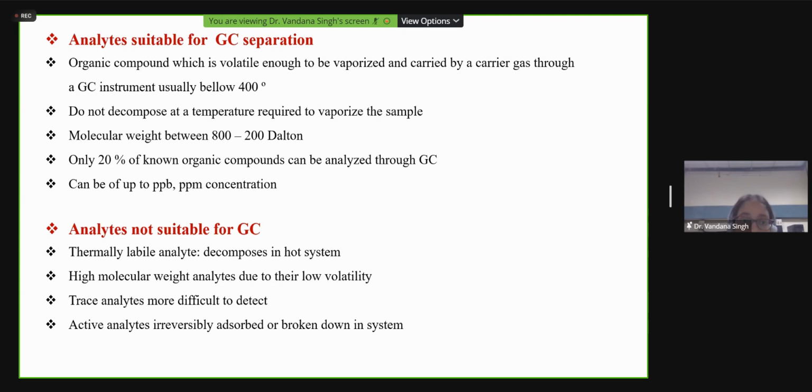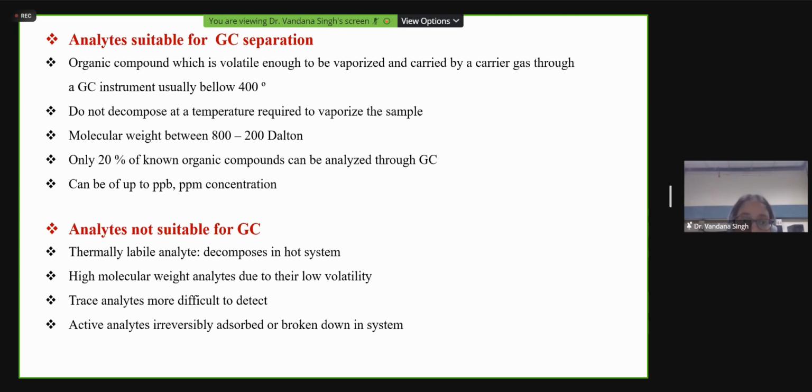The packed column is actually not an open column; the tubing, which is outside, is made of either plastic, glass, or stainless steel, and is packed with a small inert spherical support material that might be diatomaceous earth, and on this inert spherical support, the liquid stationary phase might be immobilized, might be liquid, or in case of gas-solid chromatography, a solid stationary phase is present on this spherical support.